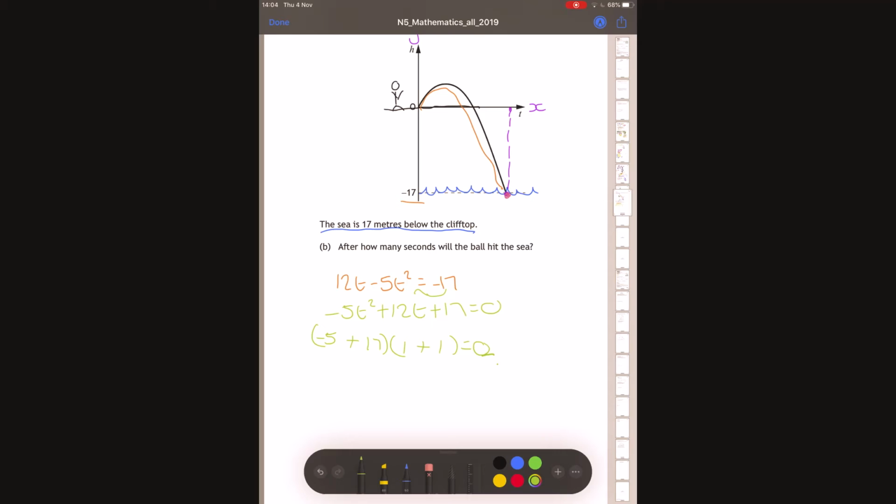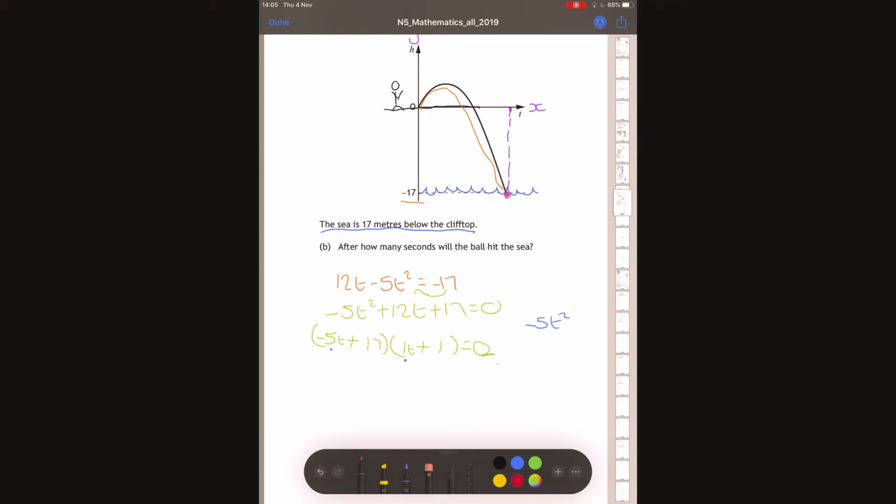Oh, don't forget your t's, guys, like I did. 5t times, use the blue pen. So let's check if this is correct. Negative 5t times 1t is negative 5t squared. Excellent.